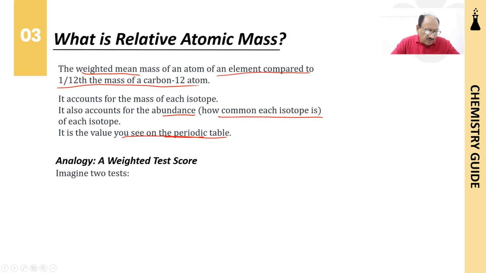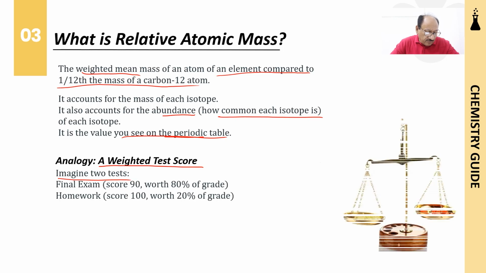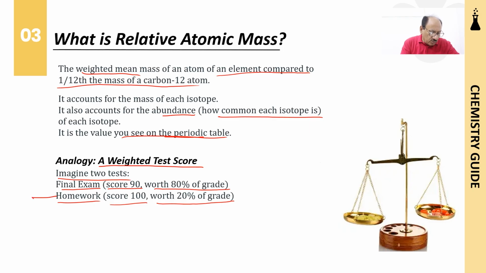Then we can understand this concept from an analogy: weighted test scores. Imagine two tests. One is a final exam, scoring 90 and worth 80% of the grade, whereas homework scores 100 and is worth 20% of the grade. If we just calculate the average of 90 and 100, we get 95.